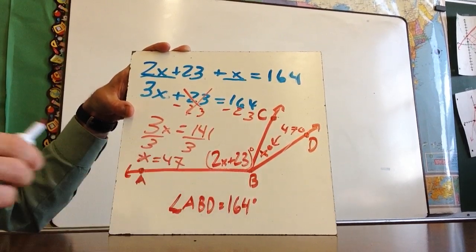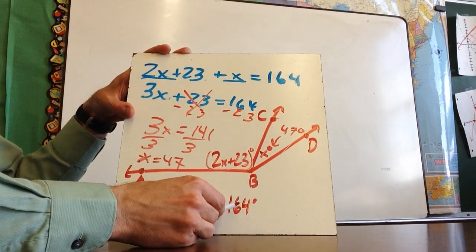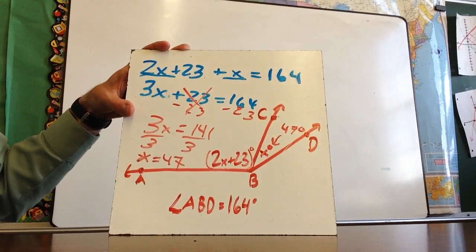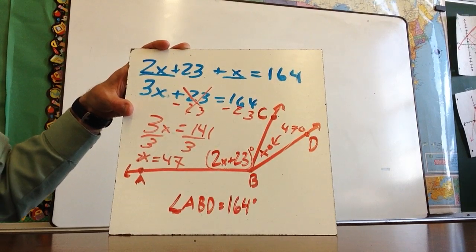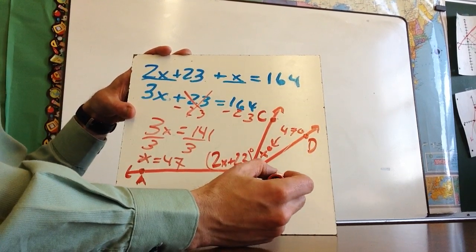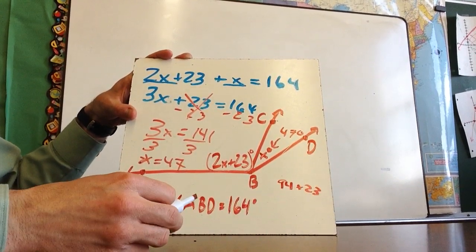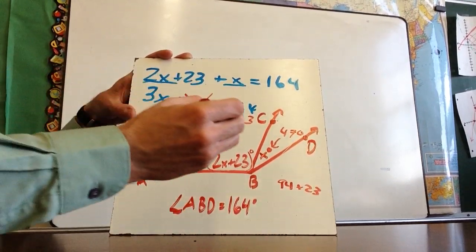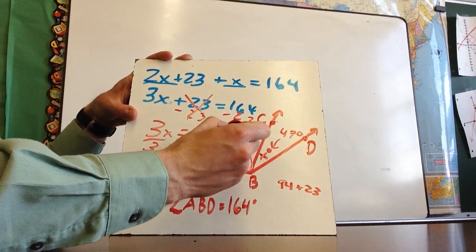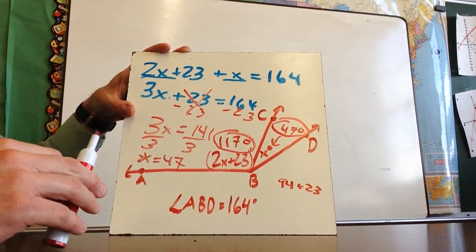This one, however, is 2x plus 23, so we could take 164 and subtract 47, or I could go 2 times 47, which is 94, and then 94 plus 23, which gives me 117. So I know this is 117, and I know that this is 47.